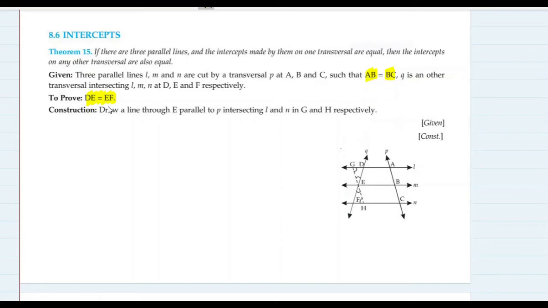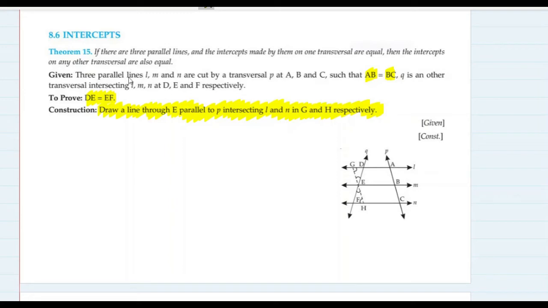Now for proving this, we have to draw a line through E parallel to P, intersecting L and N at G and H respectively.